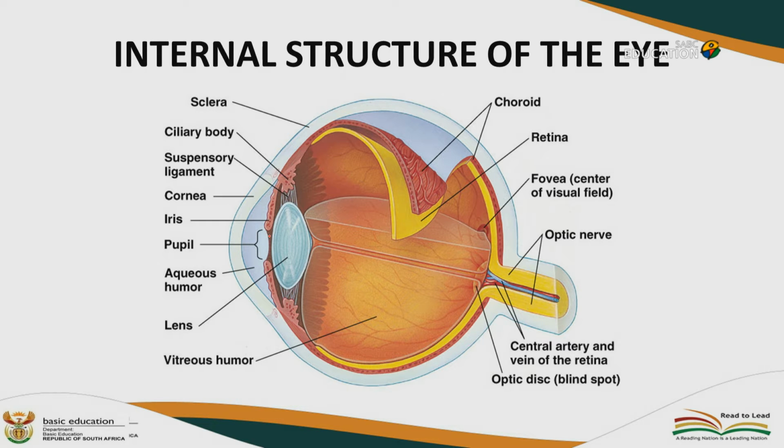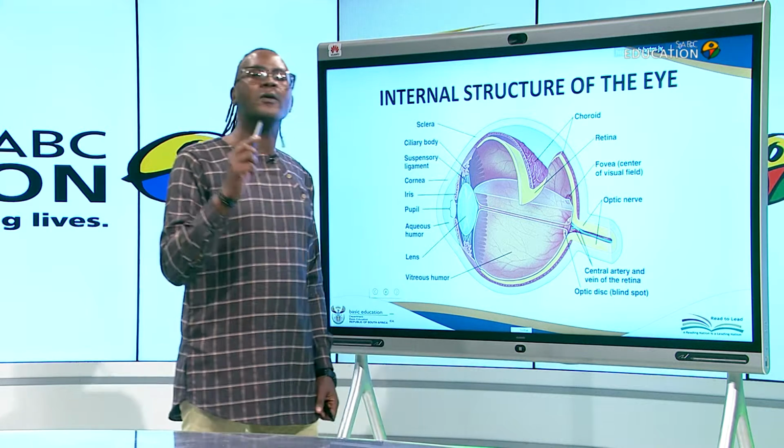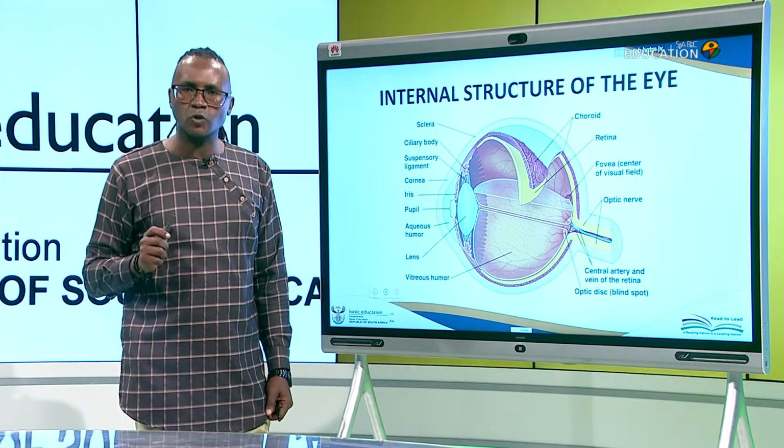So I want you to take your pencil and your pen and try to draw an onion. And we know that the eye has 3 layers. And we're going to identify the layers together.